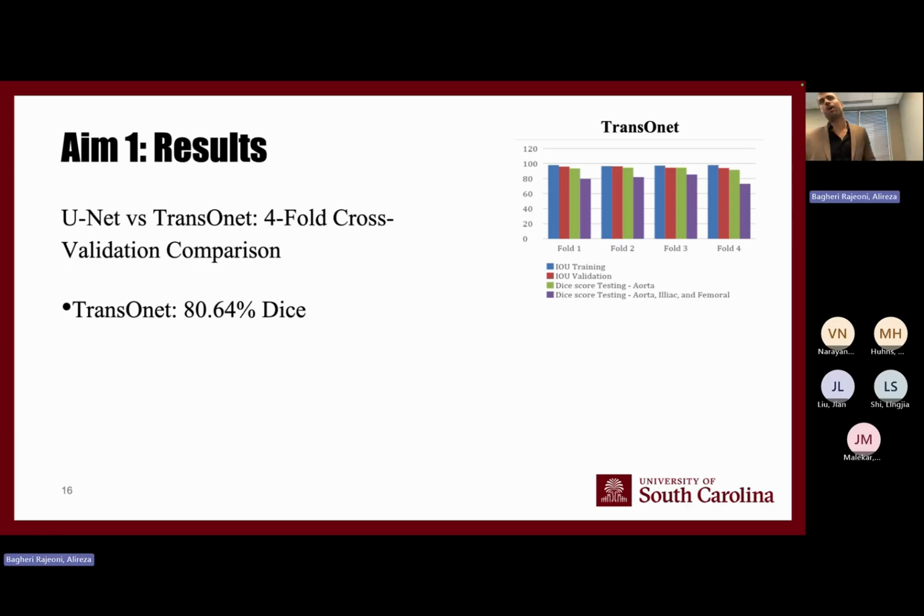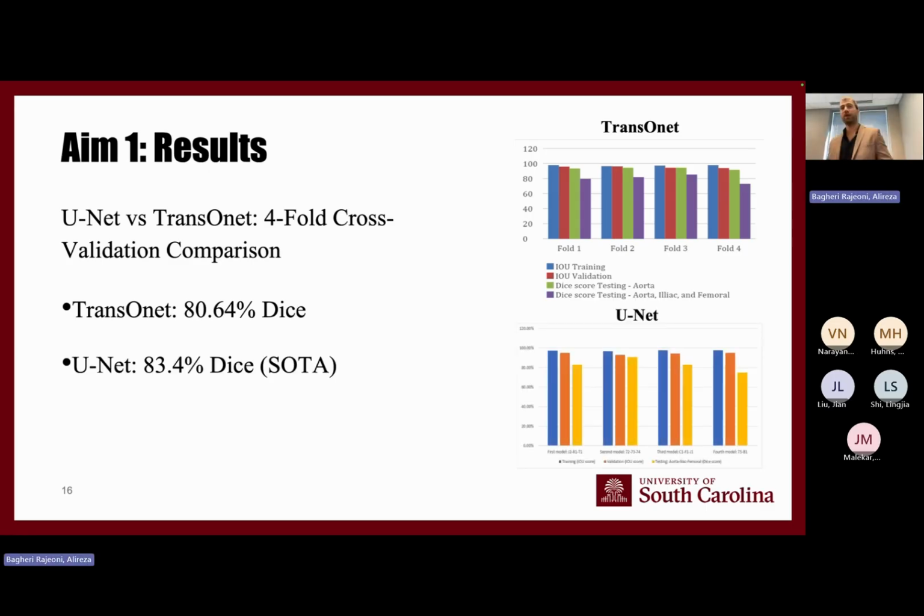We can see it underperforms on fold 4, and I'm going to talk about that. But UNet was able to achieve 83.4%, and was state of the art. The other paper was 82.6. Not only did we extend the region, but we also improved the accuracy.